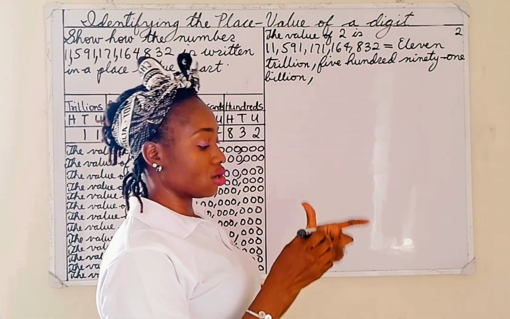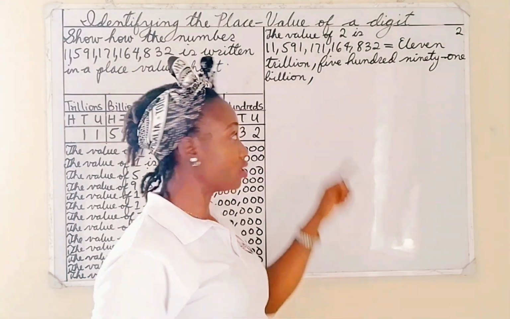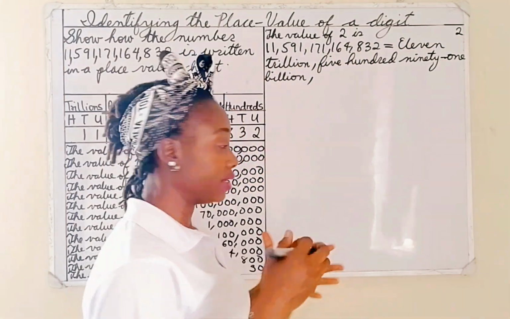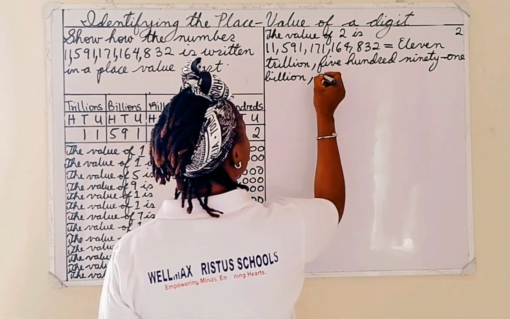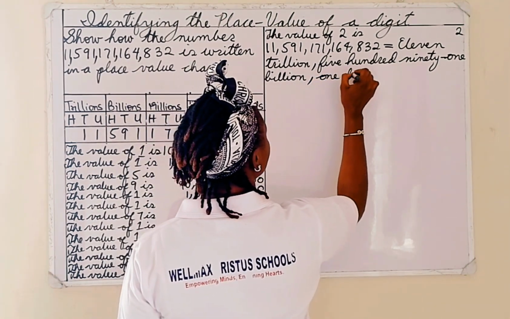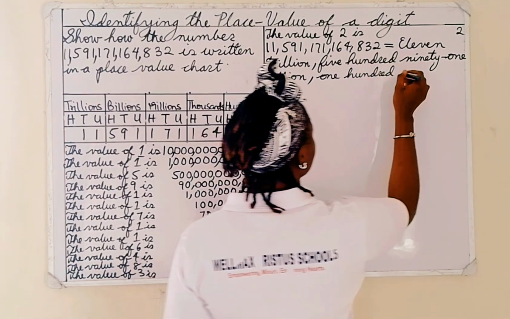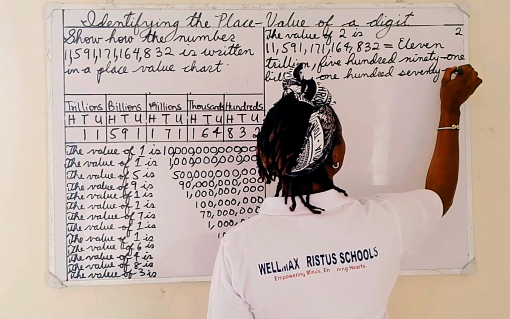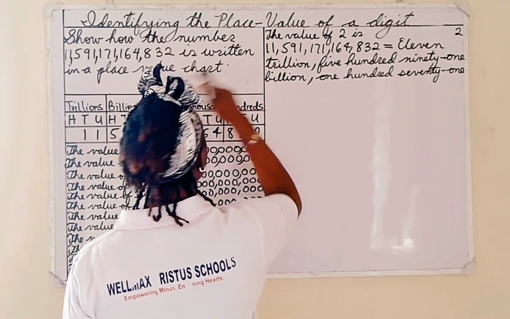And always separate your numbers in words with what? A comma, according to how it is separated by commas in numbers. 591 billion, 171 million.